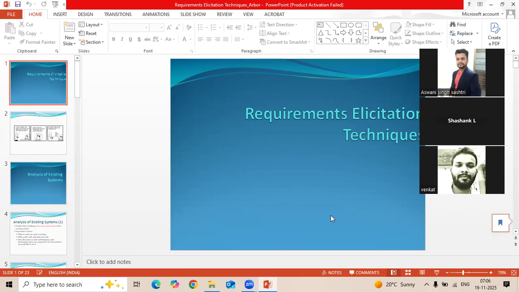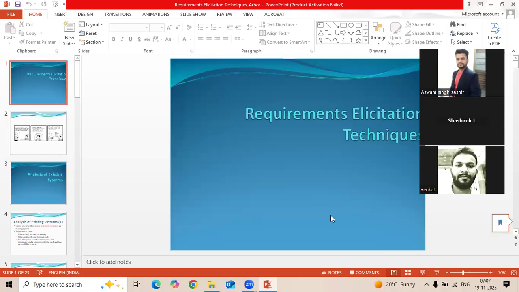And for taking the requirement, for doing requirement elicitation, there are multiple techniques, or we can say multiple ways to get the requirement. It depends on person to person, and situation to situation. Example, if we are sitting with very few people, we can have a one-to-one discussion and gather the requirement from the client.